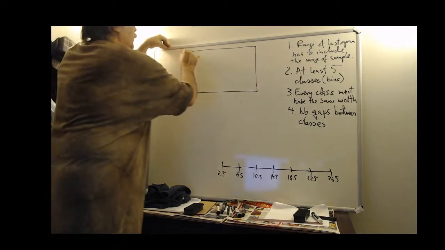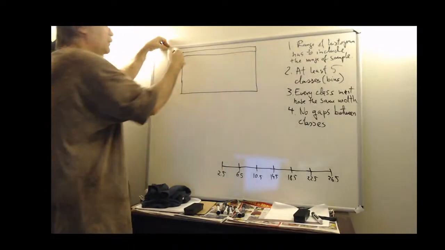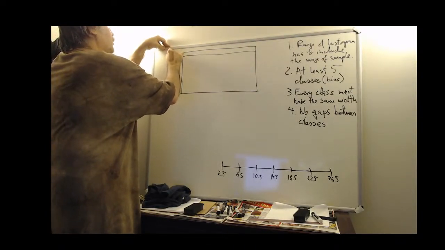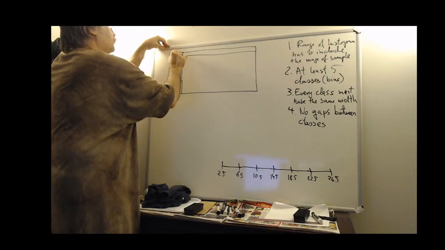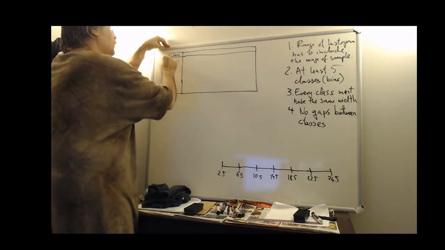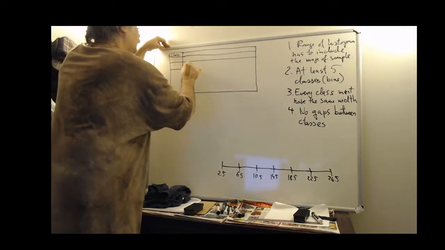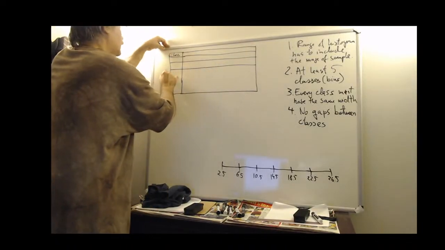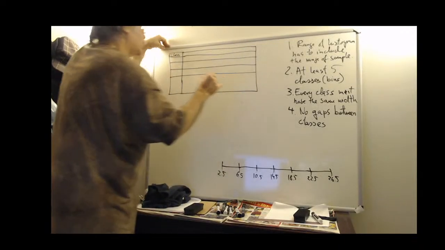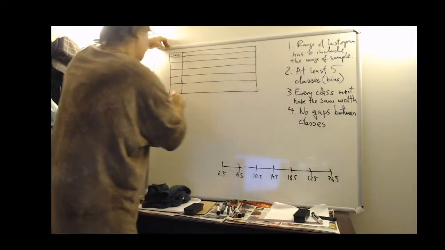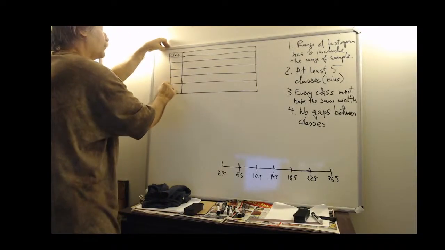Okay? The first thing you're going to write is the itemized class, a class or a bin. If you have many classes, maybe you want to number them. I have 6 of them. So let me see. 1, 2, 3, 4, 5. I need one more. My table is not nice. You can see the lecture is much nicer because I use a word processor there.